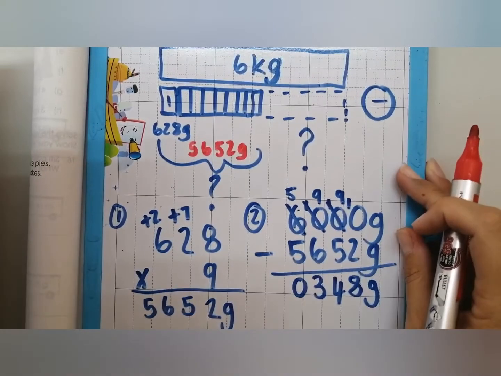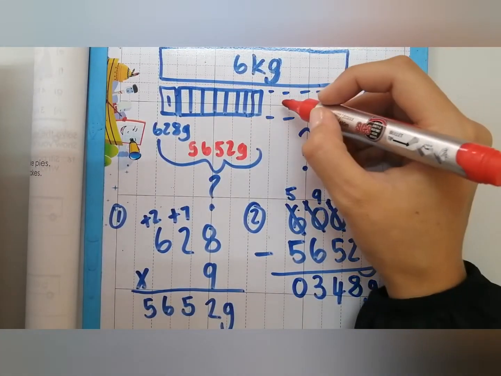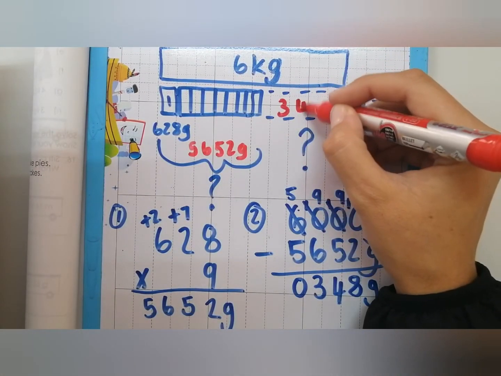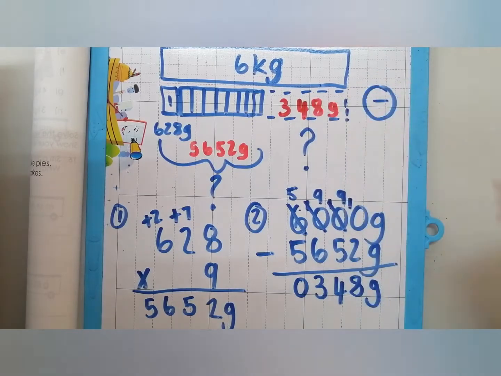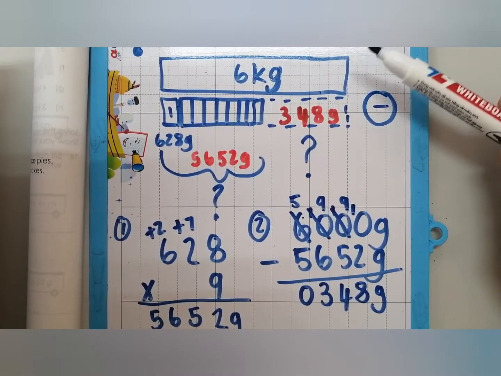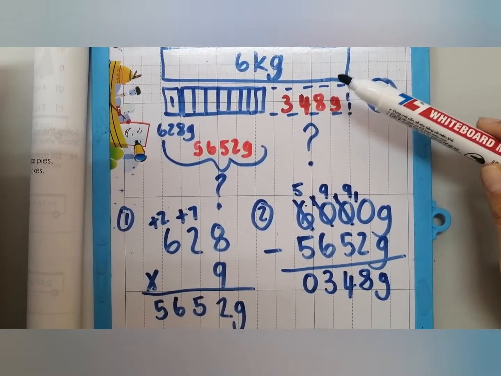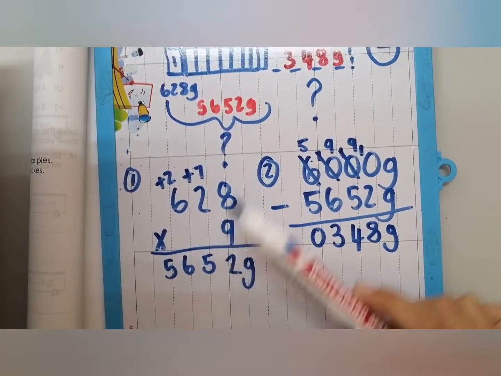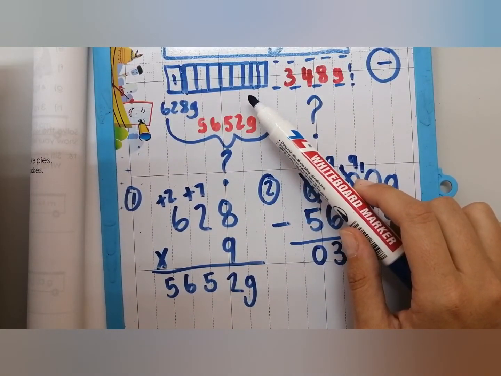Now we have a complete bar model with all the answers. 348 grams. All right. So we have done our bar model. Bar models, there's 2. We have done our first sum to find out the weight of all the notepads.